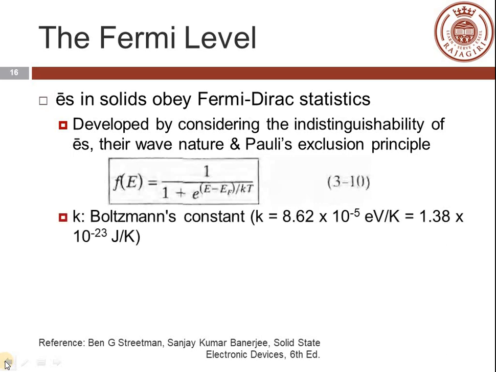Here k is the Boltzmann constant. Its value is 8.62 times 10 raised to minus 5 electron volt per Kelvin, or 1.38 times 10 raised to minus 23 joules per Kelvin. Here we will be using the values in electron volt per Kelvin.